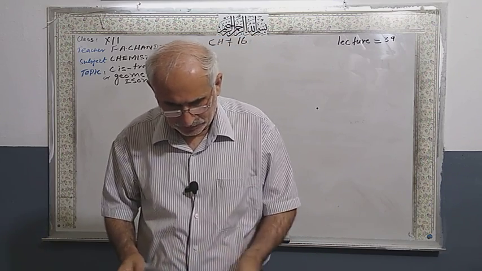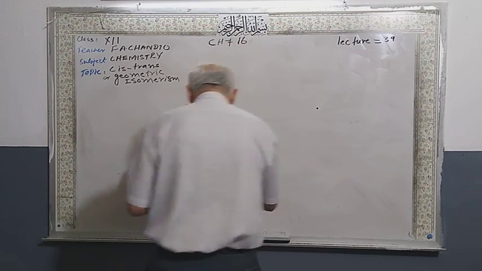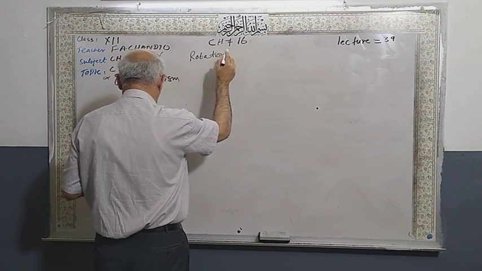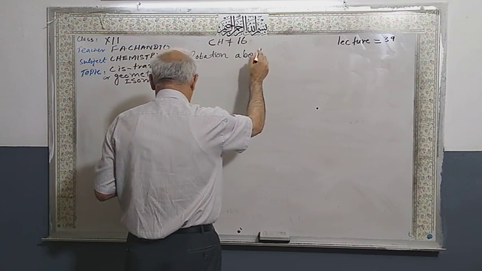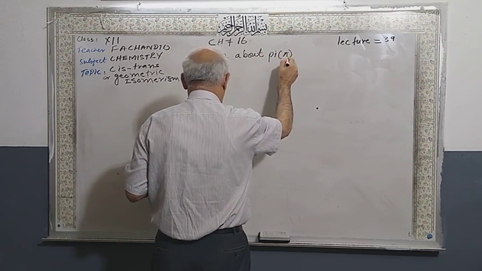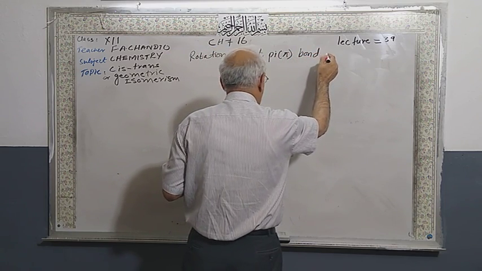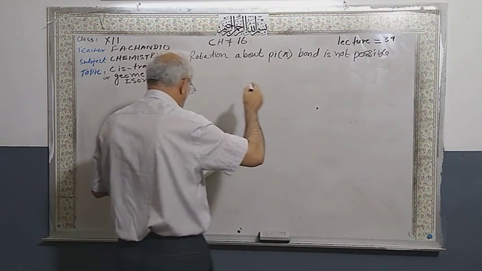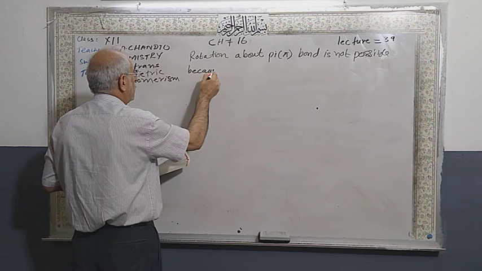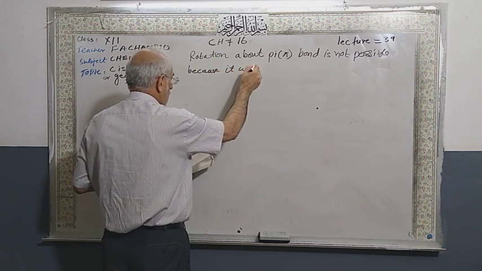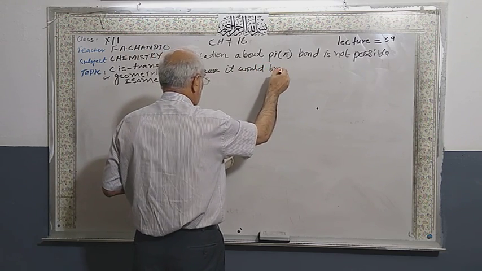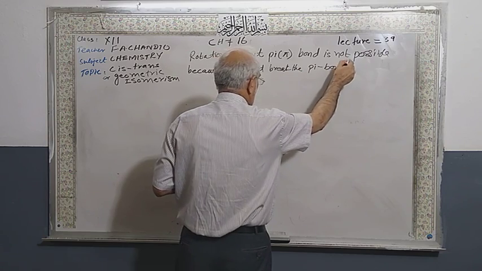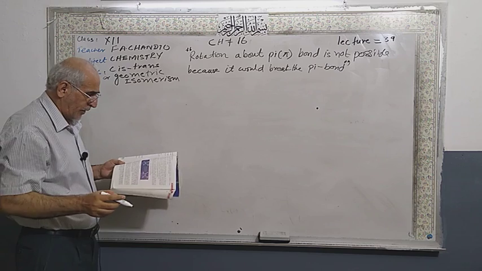So, dear students, rotation about the pi bond is not possible because it would break the pi bond. I gave you the example of two wooden pieces.